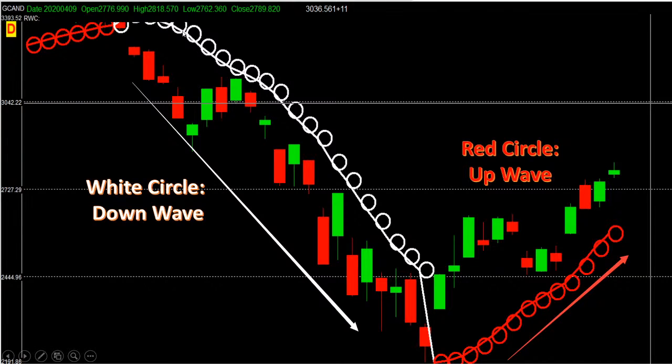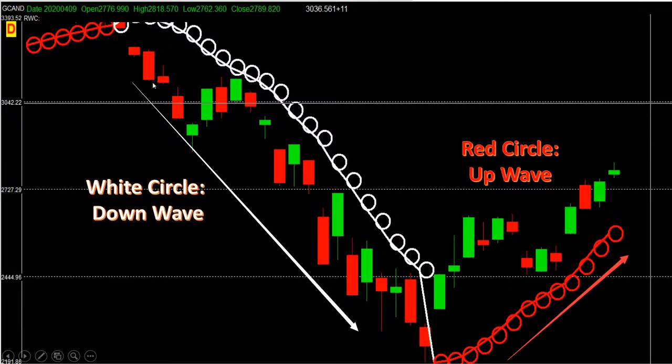You can see the red circle, the white circle here, and then the share is moving downward. But if the red and white circle turns to red color, so it becomes a red circle, then the share will move upward.